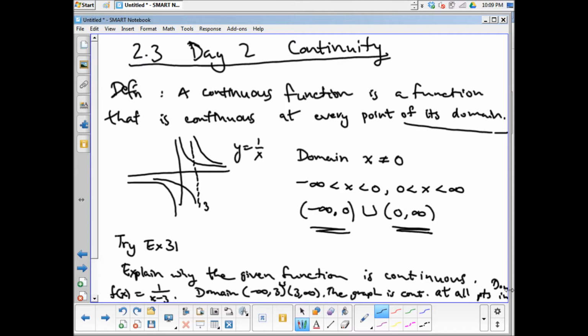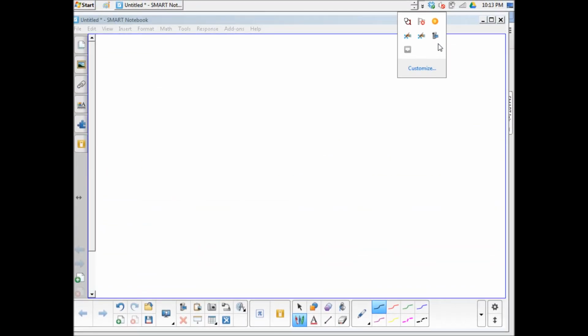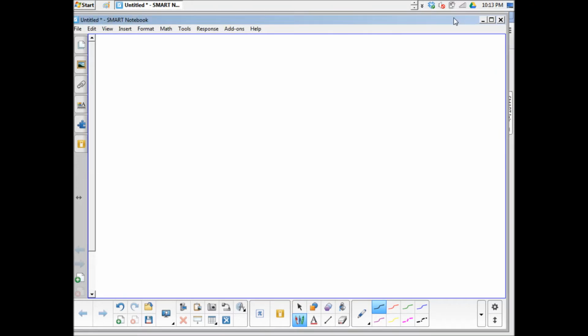Alright, let's take a look at our next fact here. Let's talk about Theorem 6 in the book. Properties of continuous functions.